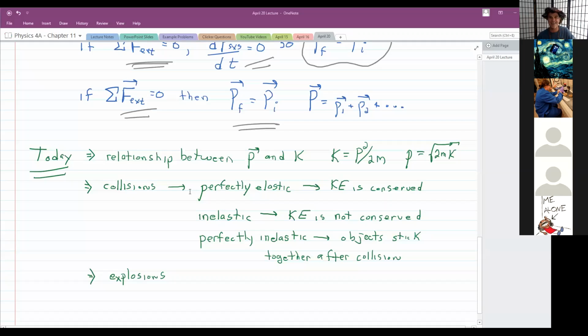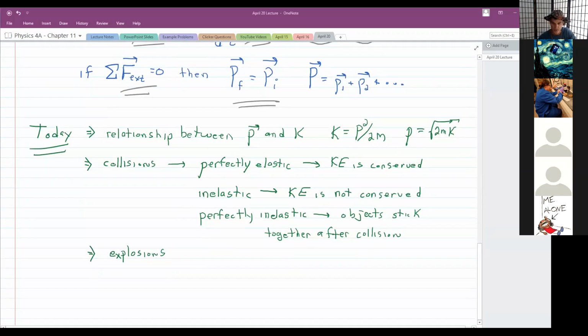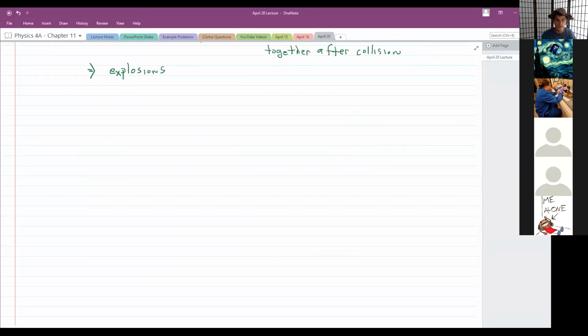And I want to talk a little bit just about the relationship between kinetic energy and momentum. So, just real quick, we know that kinetic energy is just 1/2 mv squared. And if I just look at the magnitude of the momentum, not considering the direction, the magnitude is just the mass times the velocity.